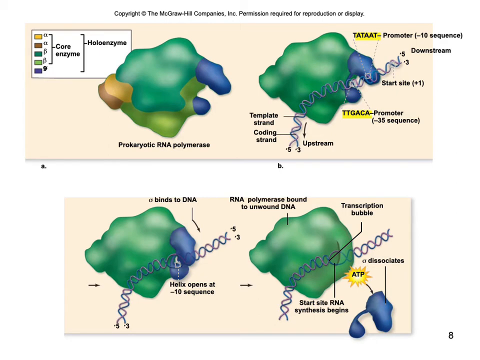On the template strand, the important part for us is the promoter region, a sequence of nucleotides that is 35 nucleotides before the actual start site of the gene.